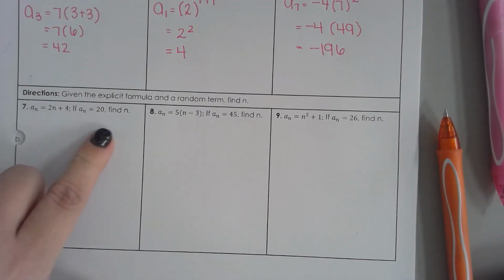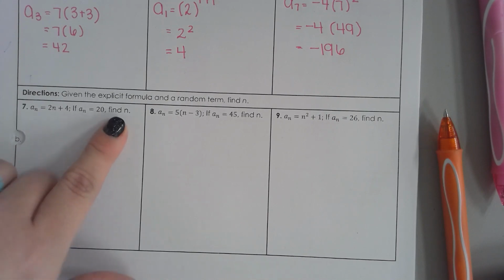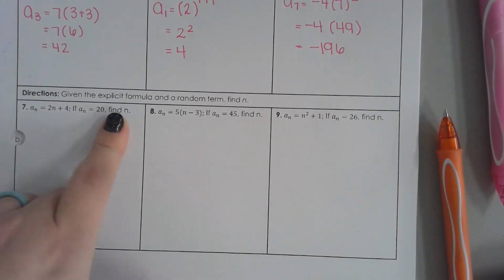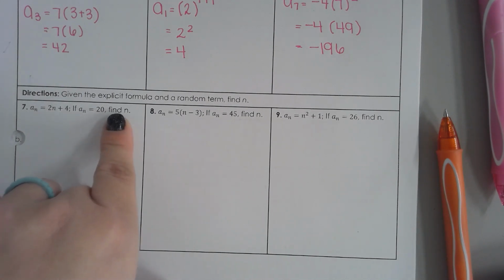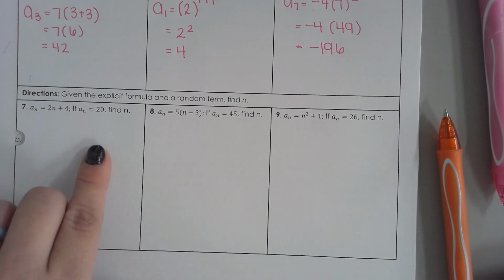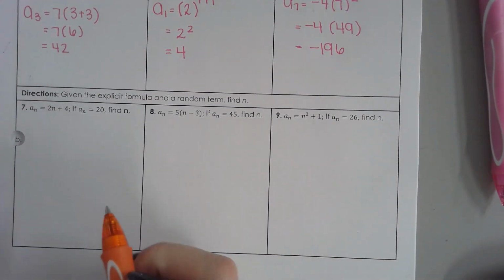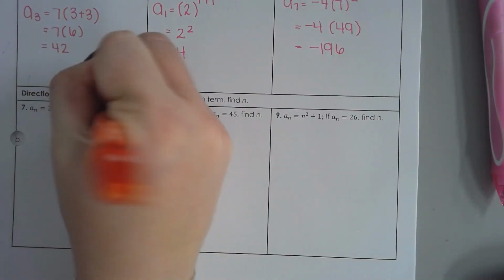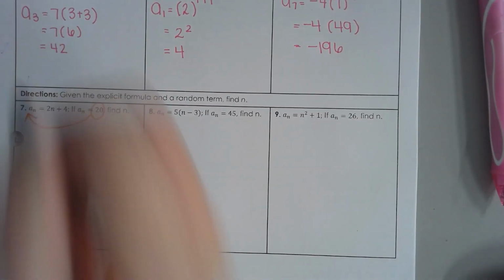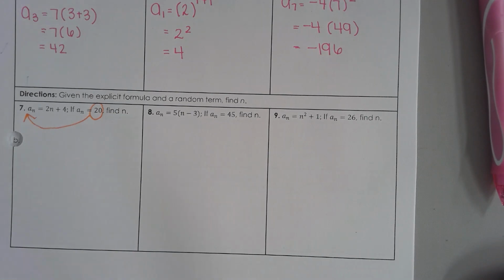That's what I'm asking you to find. When I say find n, I'm asking you to find, is it the 5th number, the 6th number, the 9th number, the 30th number? And so if we know that an equals 20, we're going to do some substitution here. We're going to take the 20 and put it in the spot of an.